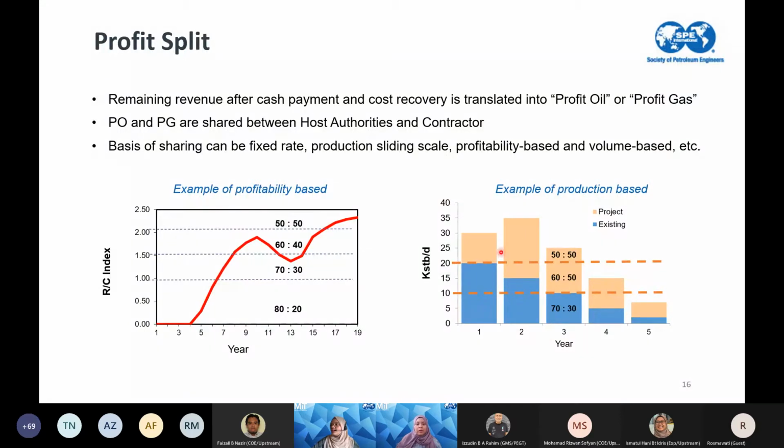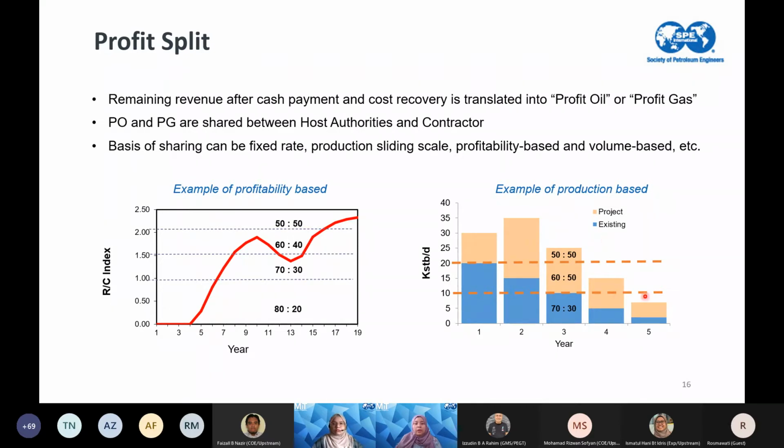As mentioned before, if R/C is less than 1, for example, the contractor gets 80% of the profit. If R/C is more than 2, it gets only half the share of the profit. This is one such method to split the profit between host authorities and contractor. Another way, like I said just now, could be based on the production share, production base, right?